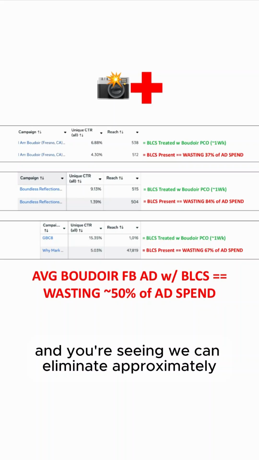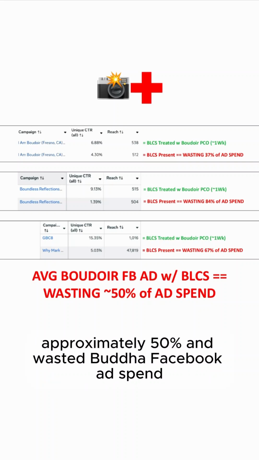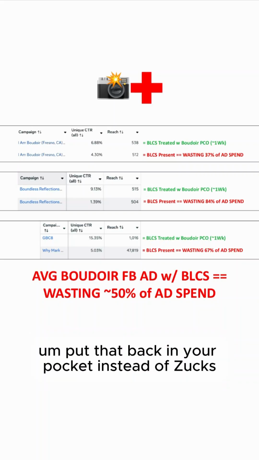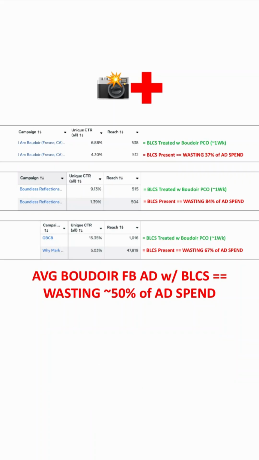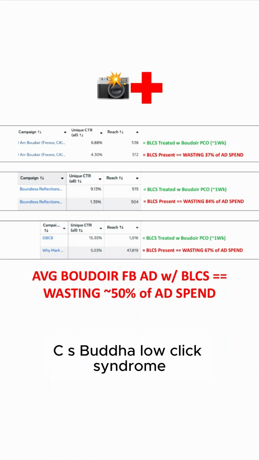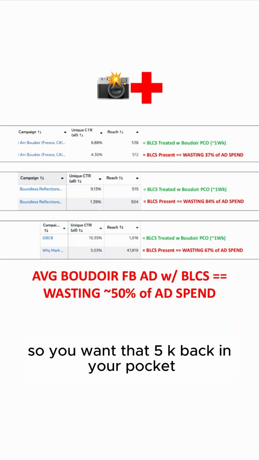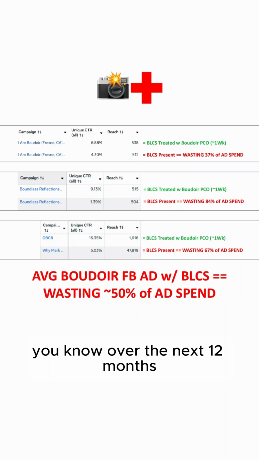And you're seeing we can eliminate approximately 5K a month, approximately 50%, in wasted Boudoir Facebook ad spend. Put that back in your pocket instead of Zuck's, because we already know approximately half is being wasted anyways right now if a Boudoir Facebook ad has BLCS. So you want that 5K back in your pocket, and the approximately 60K over the next 12 months.